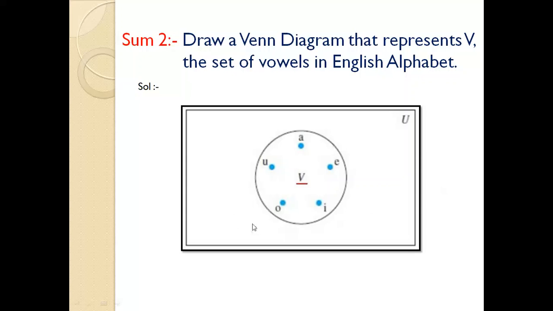Here is the universal set, because the universal set is represented by a rectangle. It is a circle which represents the set, and a, e, i, o, u are all the elements, which are represented by points in the set V.